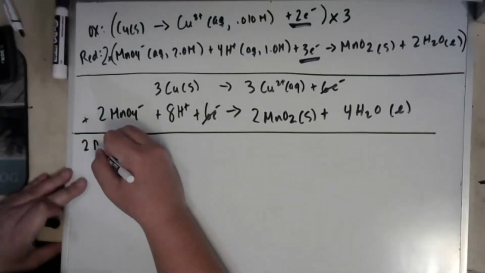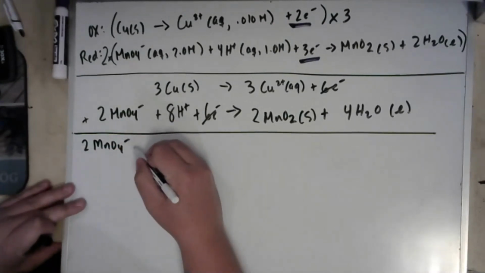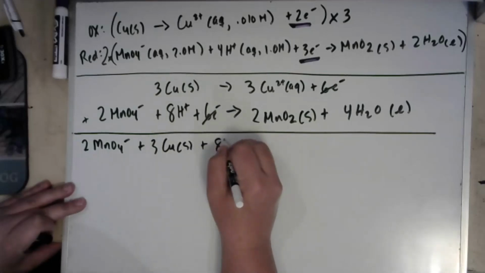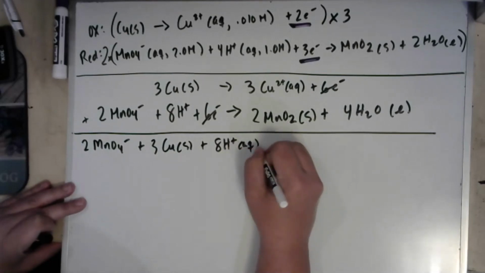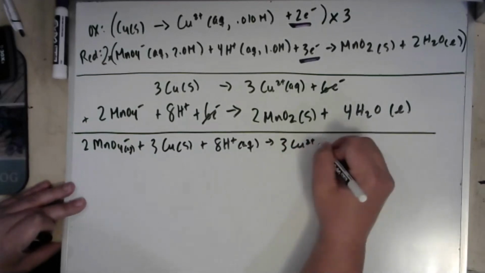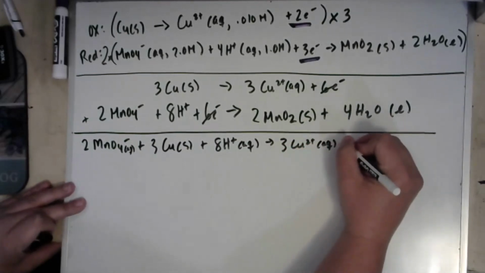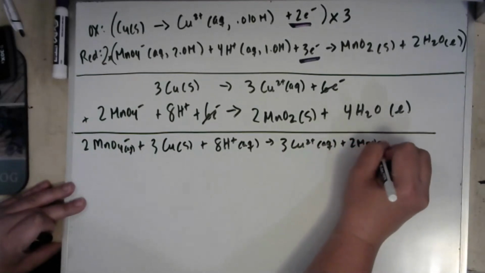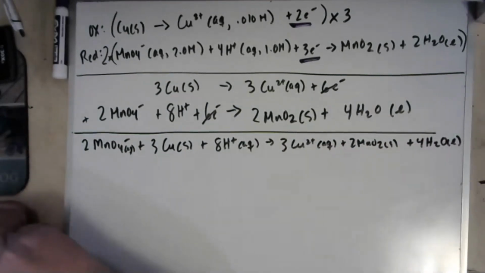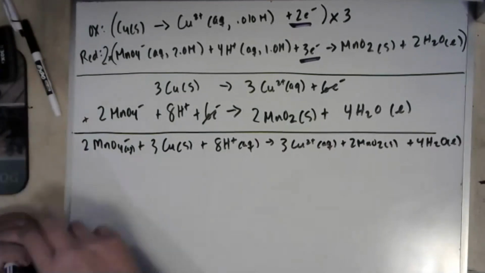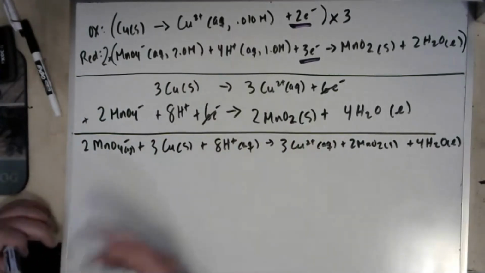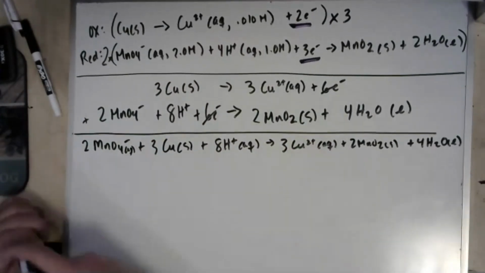So we have 2 MnO4 minus plus 3 copper solids plus 8 H plus yields 3 Cu2 plus, 2 MnO2 solids and 4 H2O liquids. Okay, now underneath each of the components that had a concentration in the problem, I'm going to write that concentration just so I have it very clearly laid out for me.